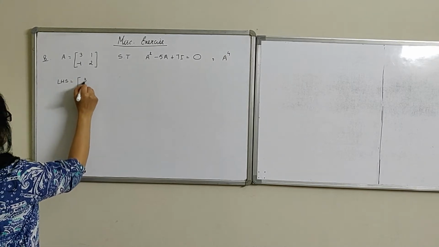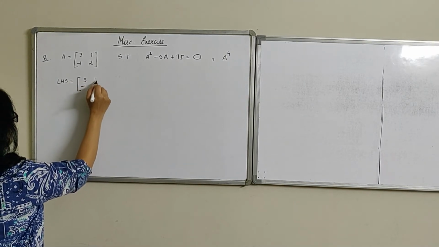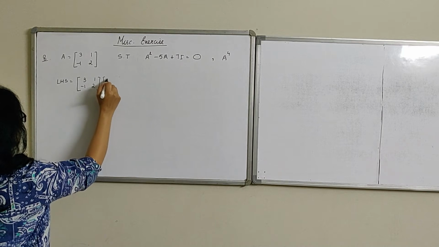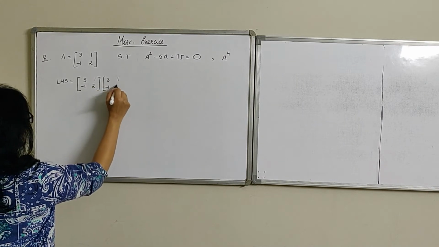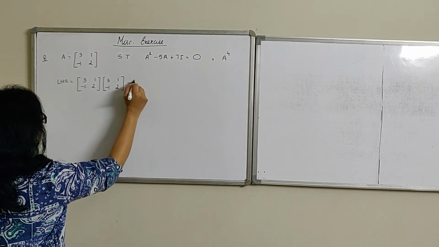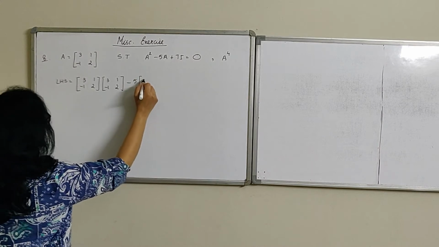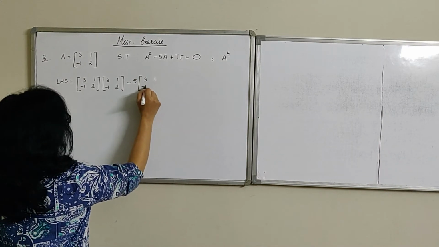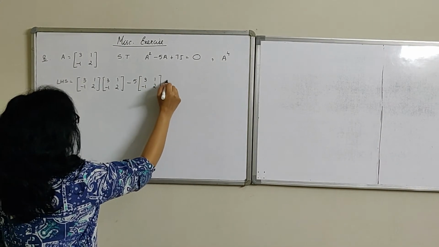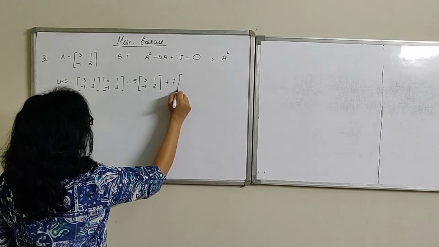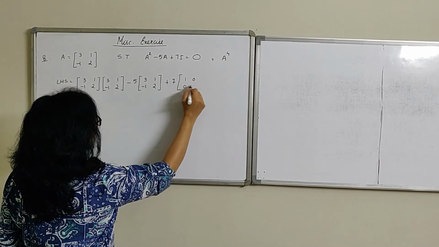A square, the matrix multiplied by itself, minus five times matrix A, plus 7 times the identity matrix of the same order.